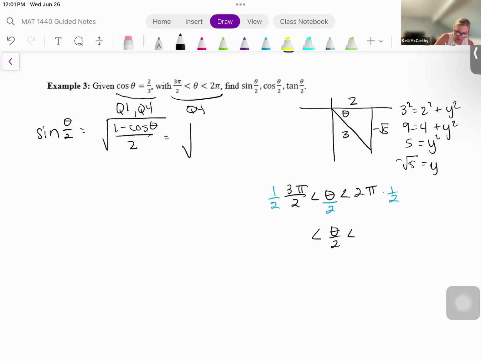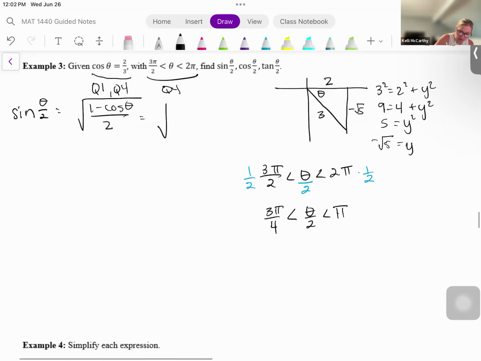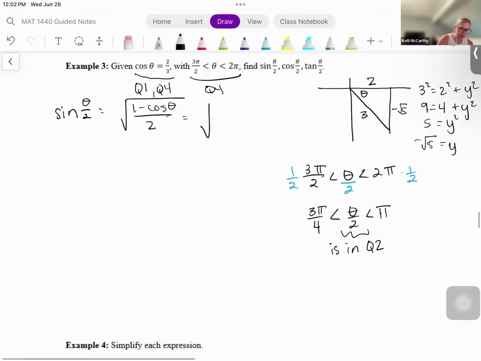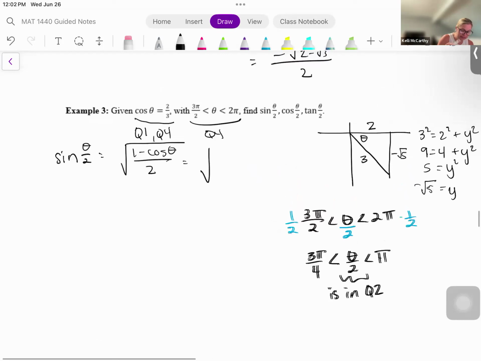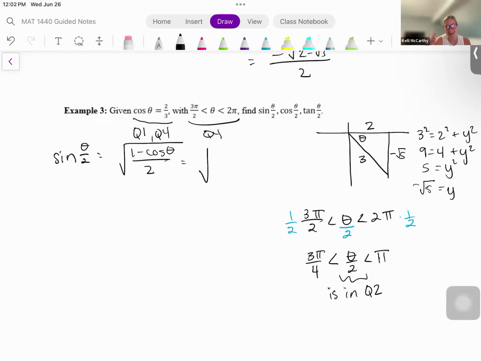So theta over 2 is going to be greater than 3 pi over 4 and less than pi, which is going to be in Q2. So theta over 2 is in quadrant 2, and sine in quadrant 2 is positive. So the sine of theta over 2 is positive.